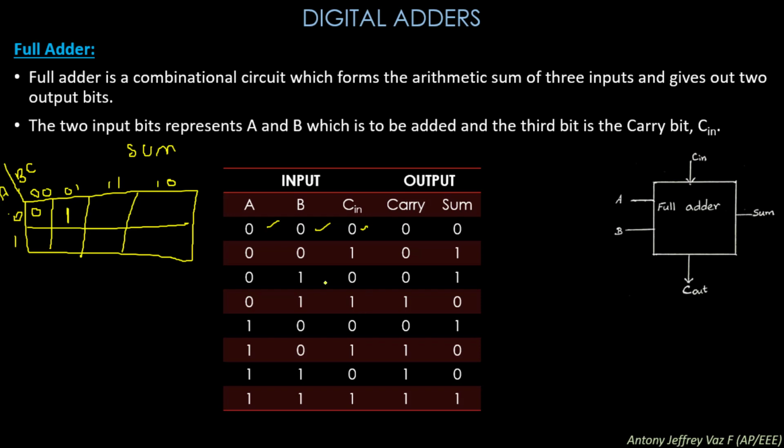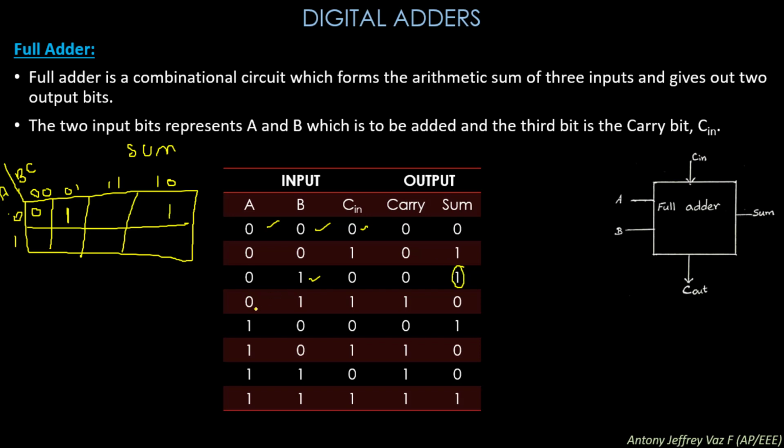And similarly for the next stage here b is 1. So a is 0 and here you can see b is 1 and c is 0. This one has a sum of 1, so this bit will become 1.